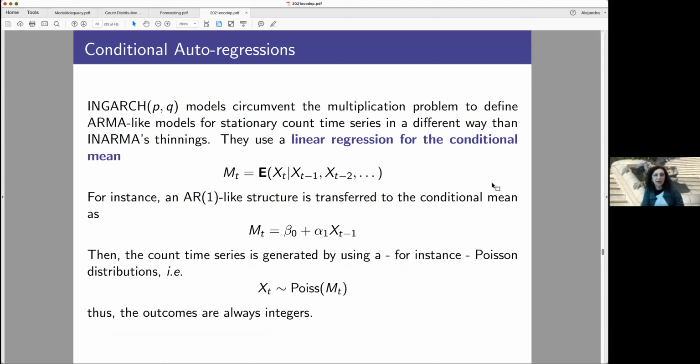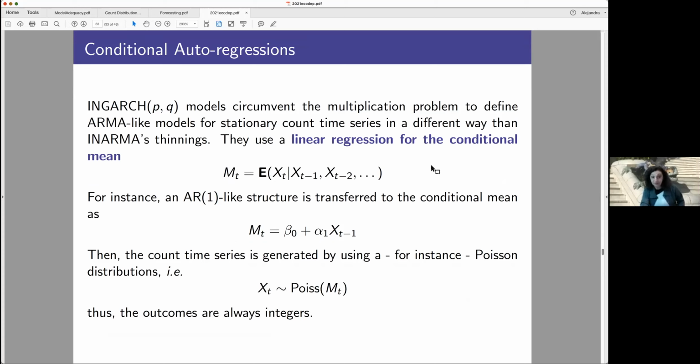An INGARCH(p,q) model uses a linear or nonlinear regression for the conditional mean, the mean of X_t given the past.